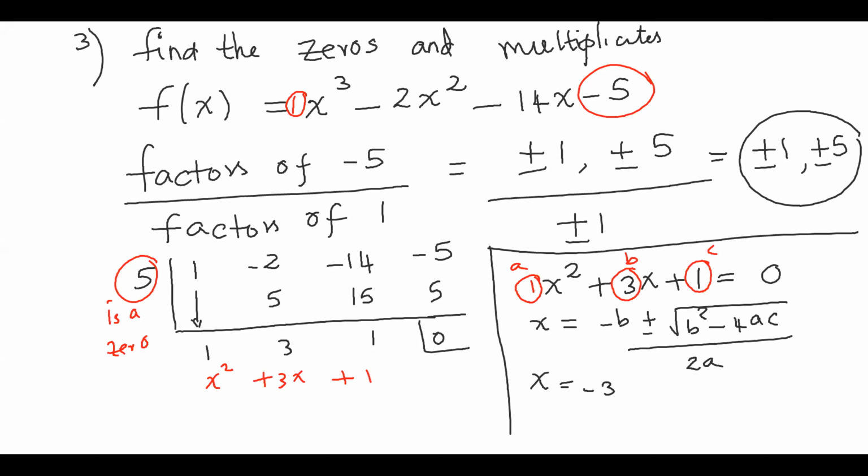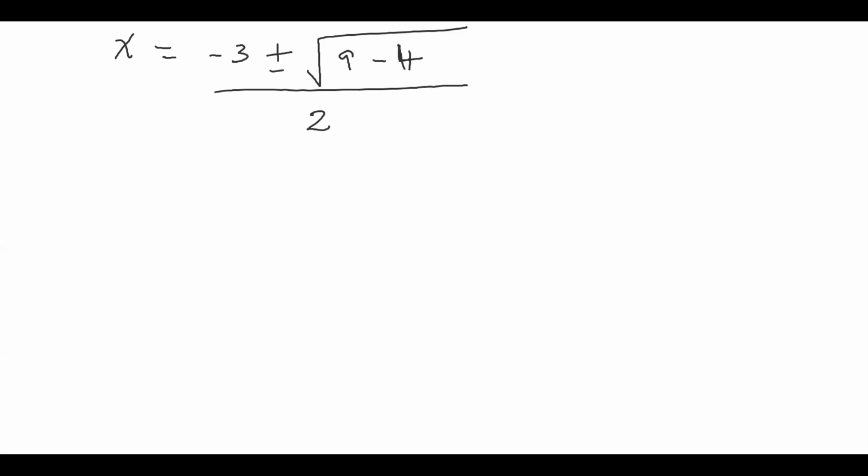So when you plug in, this is what we get. So we get x equals -3 plus or minus square root of 9 minus 4 over 2, which is -3 plus or minus square root of 5 over 2.